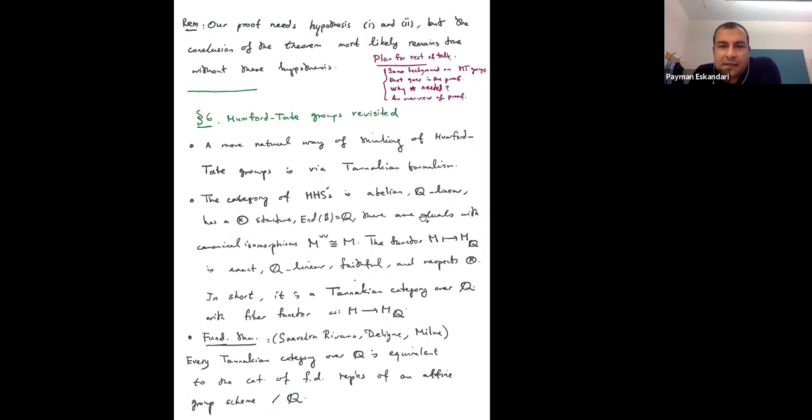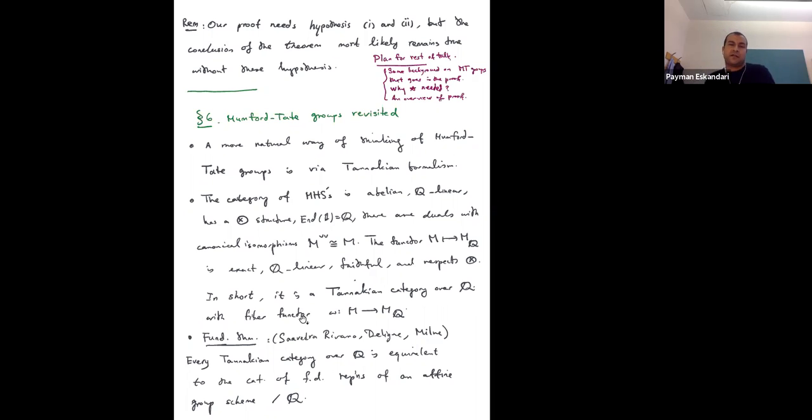Now, the category of mixed Hodge structures satisfies these properties, and by sending a mixed Hodge structure to its underlying rational vector space, you get a functor from mixed Hodge structures to vector spaces over Q, which is exact, Q-linear, faithful, and respects the tensor product. All of these things together say that the category of mixed Hodge structures is a Tannakian category over Q, and the forgetful functor is a fiber functor.